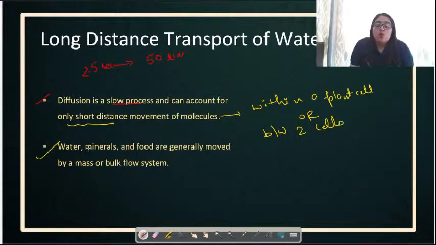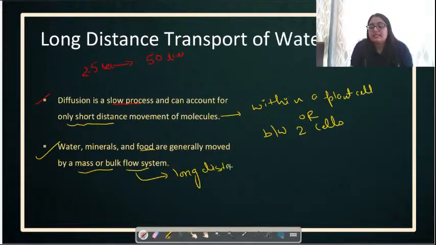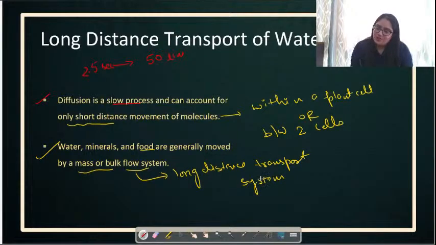Next, water, minerals and food are generally moved by a mass flow or bulk flow system, which is actually the long distance transport system that plants are going to use, right?